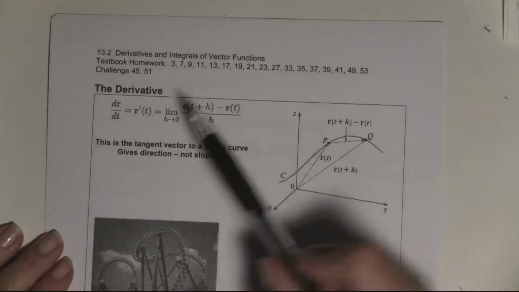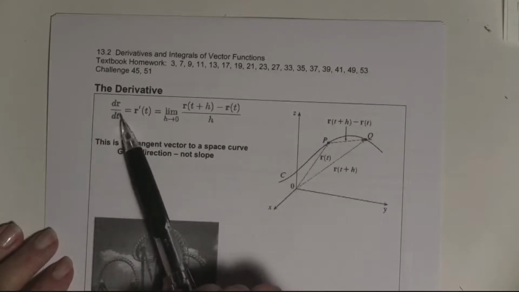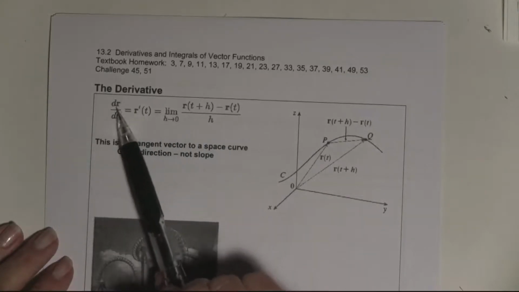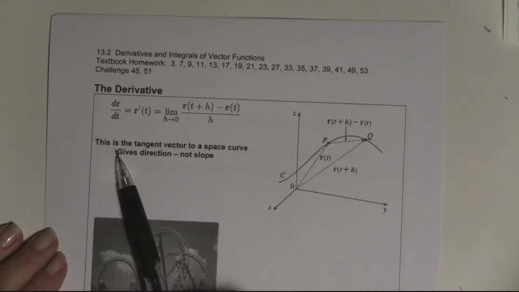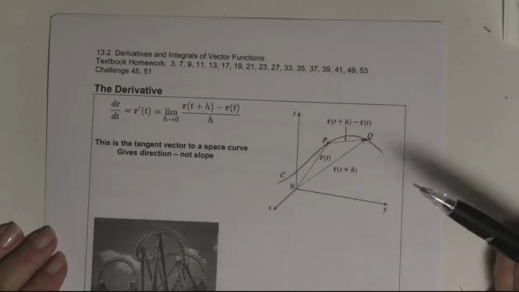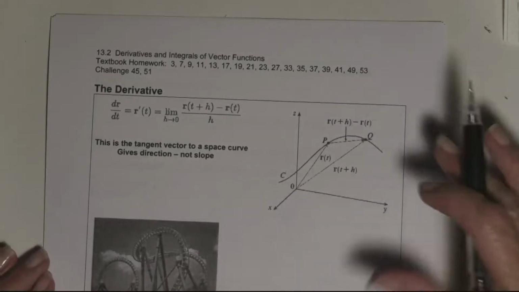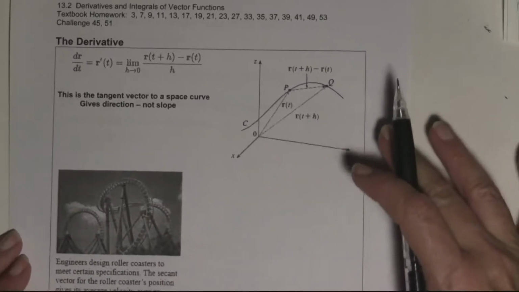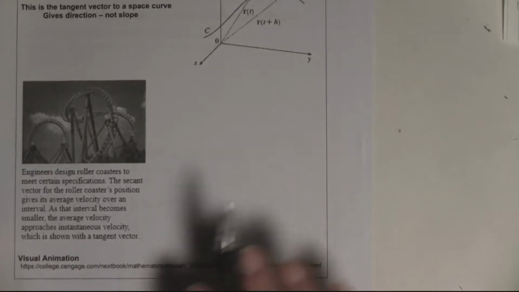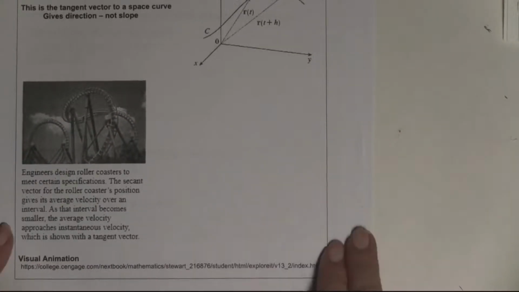Anyway, the derivative. This is the definition of the derivative. The derivative is the tangent vector to a space curve, it gives direction, not slope. I need to slow down. I wanted to show you a little animation, and you can look at it here.